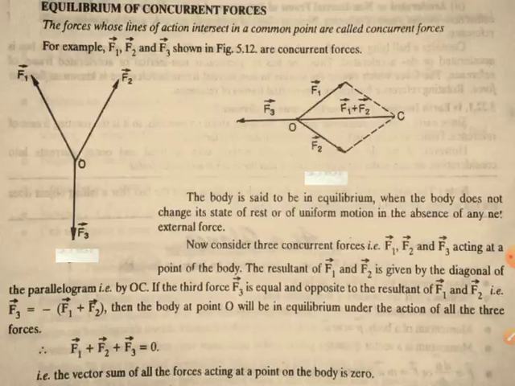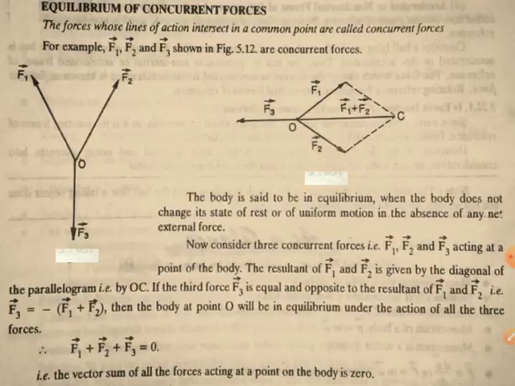Because if more than three concurrent forces act on the body, those forces can be represented both in magnitude and direction by the sides of a polygon taken in order. Got it? So that is the condition for equilibrium of concurrent forces.